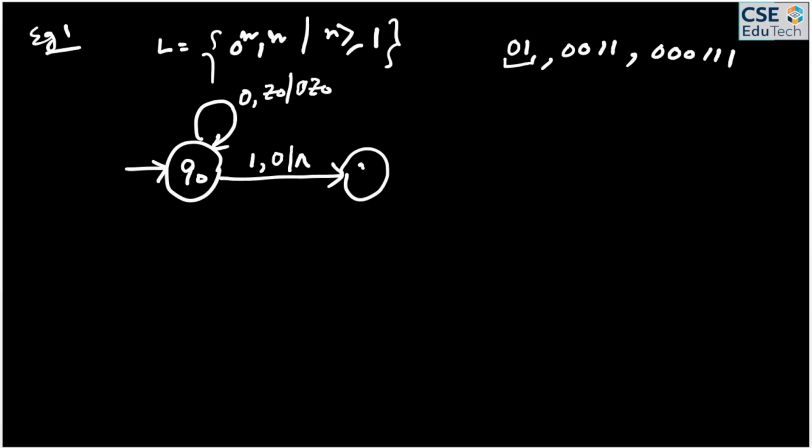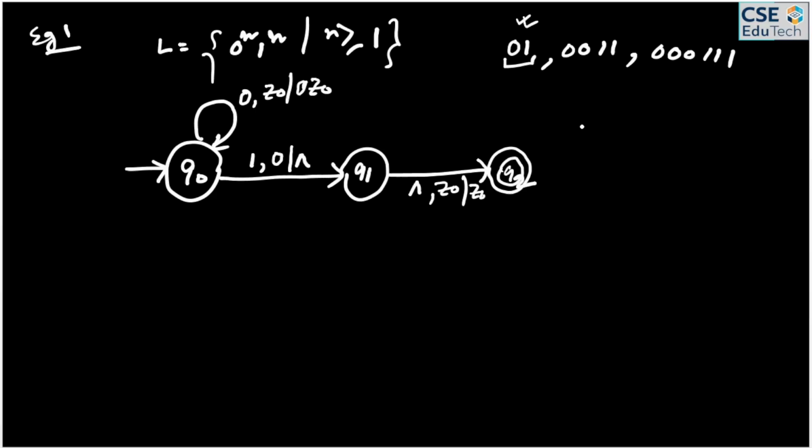Then you reach state q1 and your string is exhausted, because we have discussed the string 0 1. When the string is exhausted, that means null, but at that time your stack top symbol is Z0 and it will be replaced by Z0, and you have reached the final state, which is suppose q2.